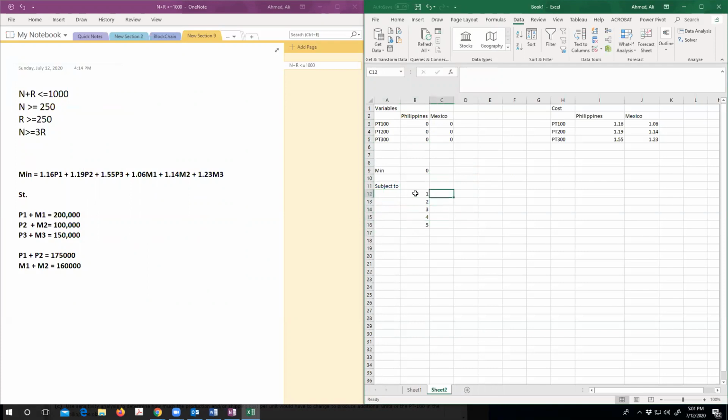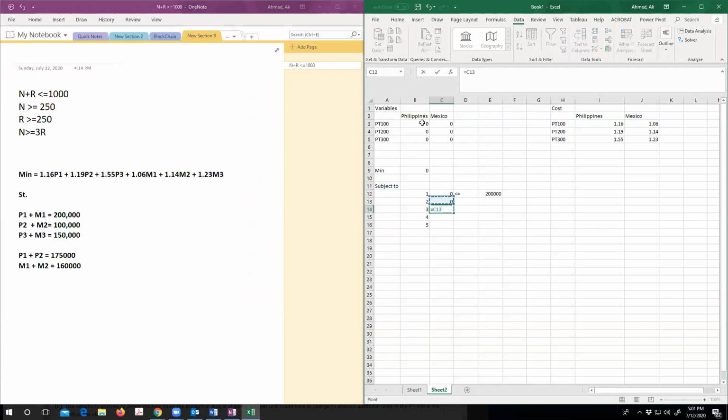The first constraint is this plus this, and of course we can put in the solver that it is less than or equal to 200,000. The second constraint is this plus this. Any questions on what I'm doing?